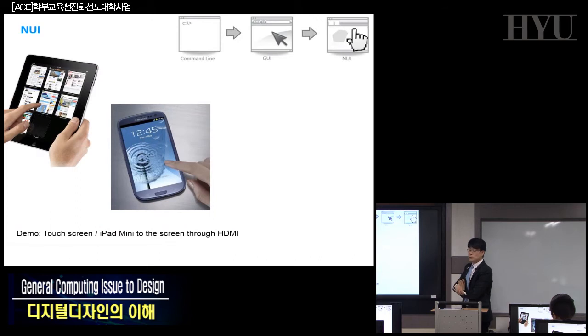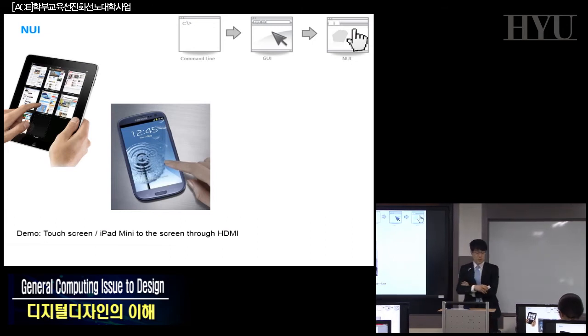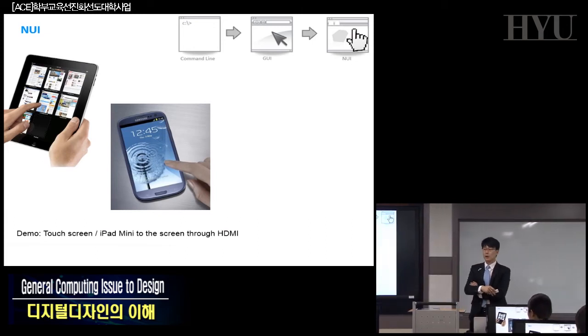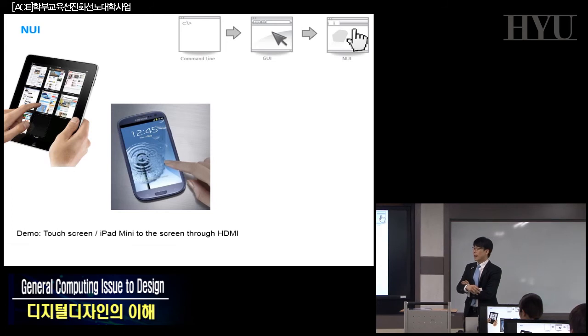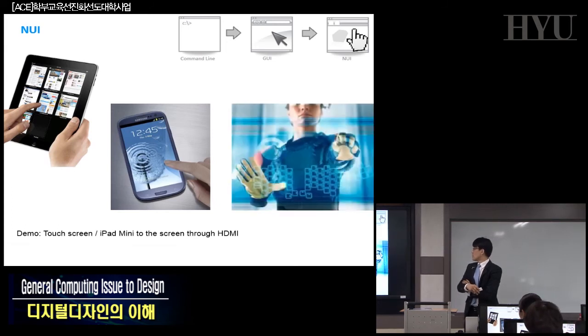Some of you may use tablets, iPad, Galaxy Tab, something like that, and your smartphones adopt this kind of NUI-based interface. But actually, there are a bunch of more future technologies in this regard.